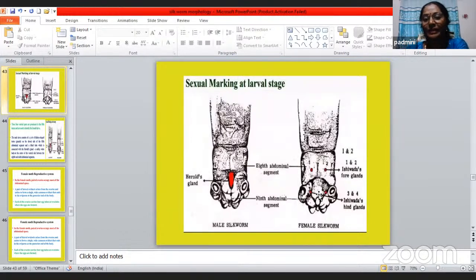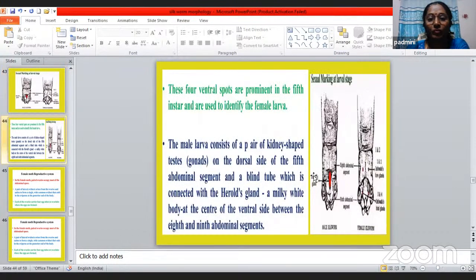In the male, between the junction of the 8th and the 9th segment, you have Herold's gland, a white protrusion-like structure. This is how male and female larval stages are differentiated.